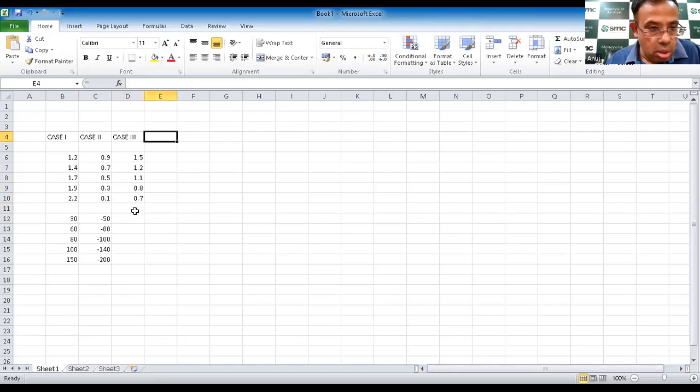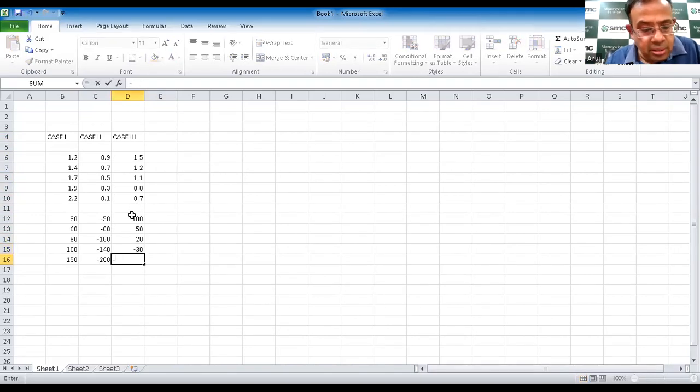The market may open 100 points up, then it comes down to 50 points, then comes down to 20 points, then minus 30 points and minus 100 points. So this may be the scenario.